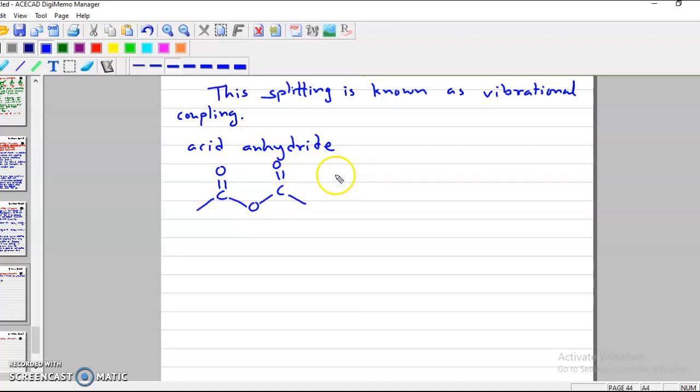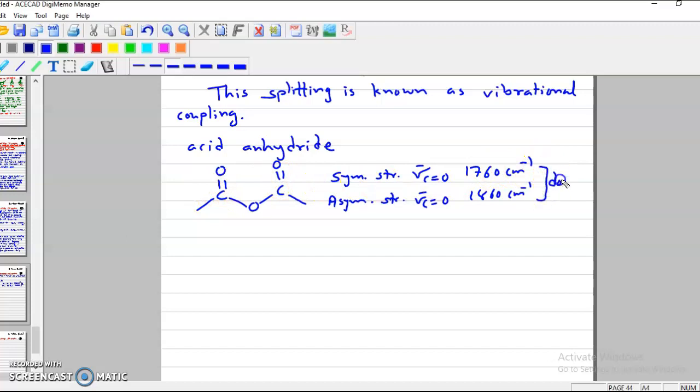One is symmetrical stretching, and therefore C double bond O will appear at about 1760 centimeter inverse, and asymmetrical stretching, due to this C double bond O appear at 1860 centimeter inverse. Though both groups are same, both having the same energy, both are having the same bond length, that means we should get only one band. But here we are getting two bands, which is normally called doublet.